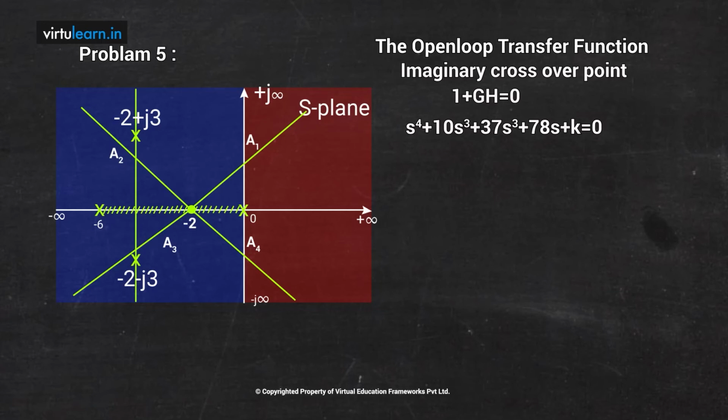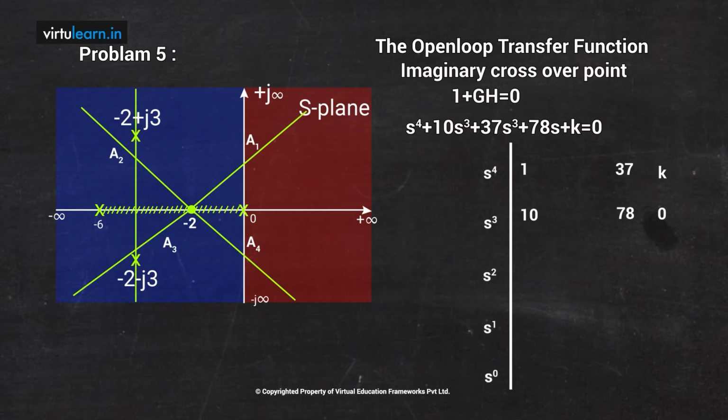So you just form the Routh array, and the highest degree is 4 here. S power 4, S cube, S square, S power 1, S power 0. And look at the element entries 1, 10, 37 and 78, k, and of course this is 0. Then I can write S square: 370 minus 78 divided by 10.